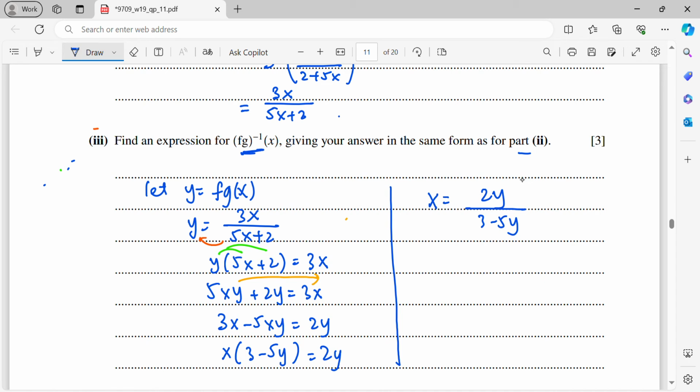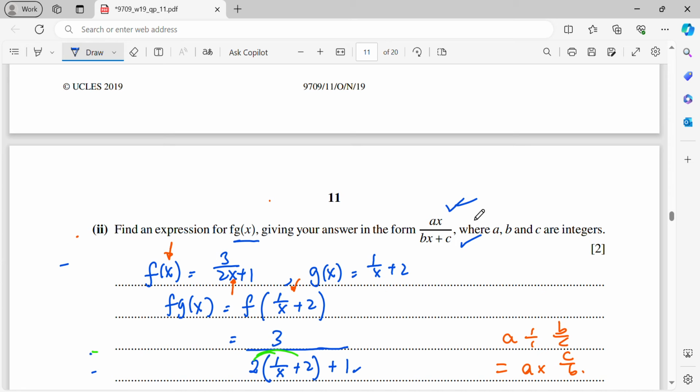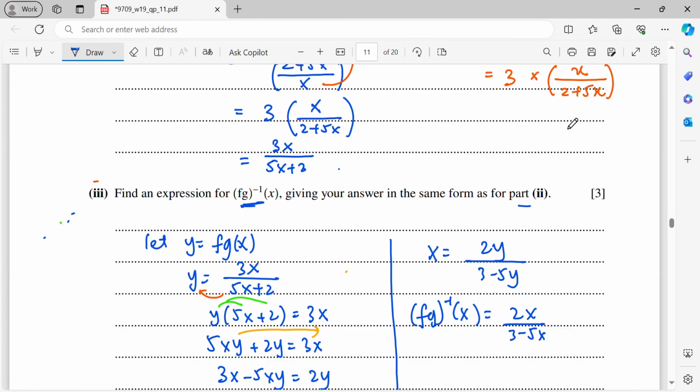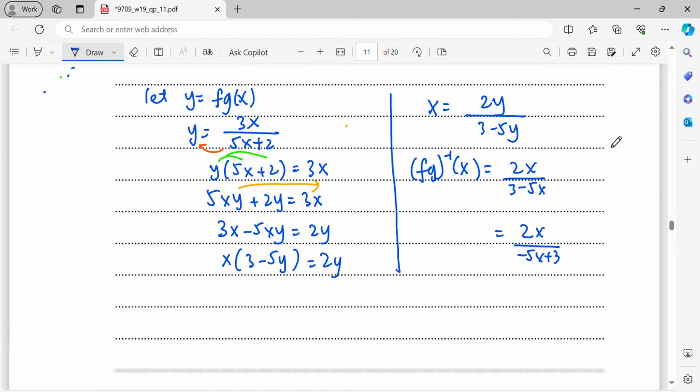So once you get x as the subject, I will be getting the inverse function. So fg inverse equals 2x over 3 minus 5x. That is the similar form in part 2. Or if you need bx plus c in the denominator, you can write 2x over negative 5x plus 3. So that is your inverse function.